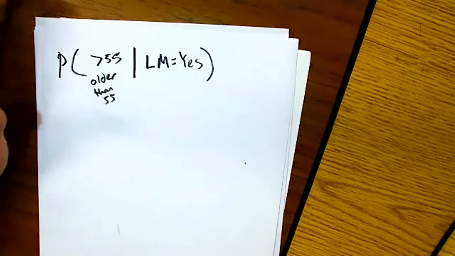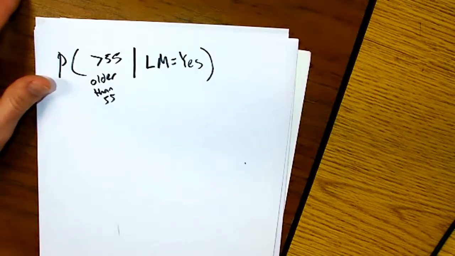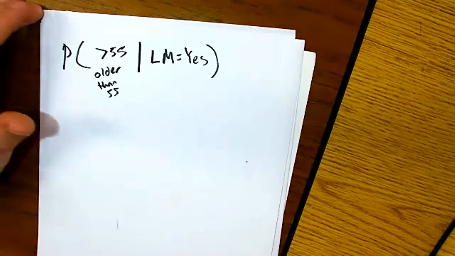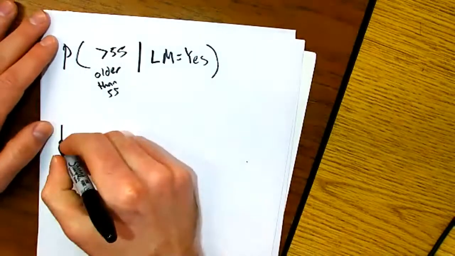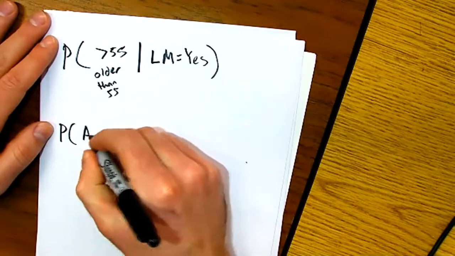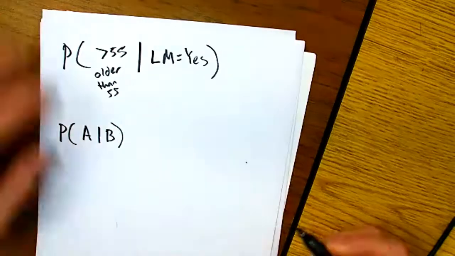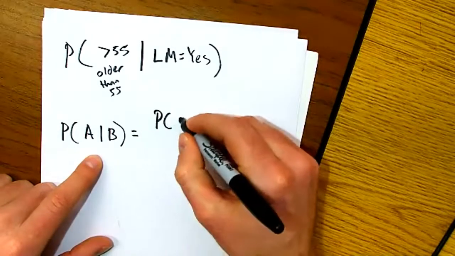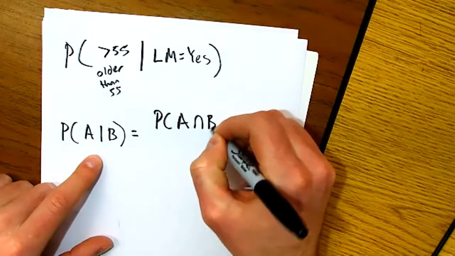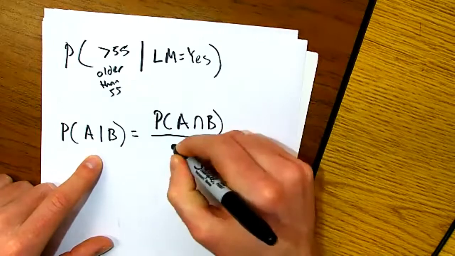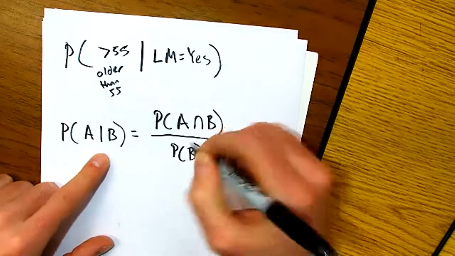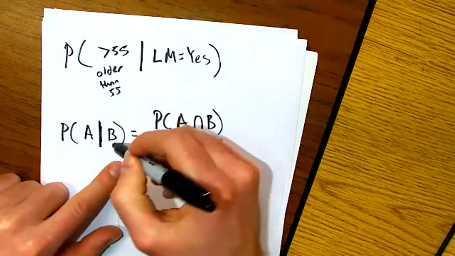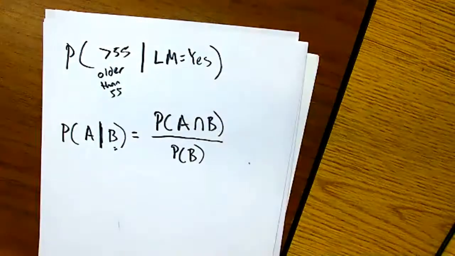So here we're looking for a conditional probability. I'll show you where we find this in the formula sheet after we switch back. The general form is that if I'm looking for a conditional probability, that's going to be the intersection of the two events divided by the probability of what I'm conditioning on. Remember, what I'm conditioning on is what's on the right-hand side here.